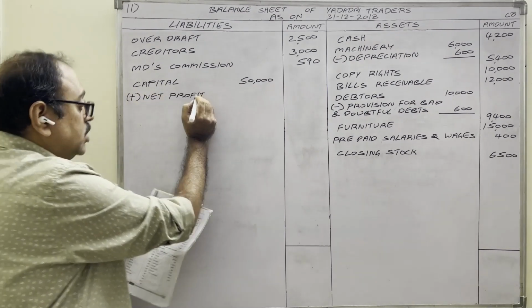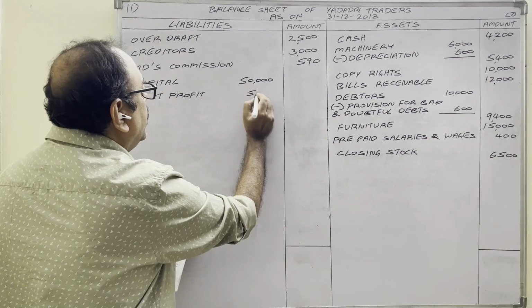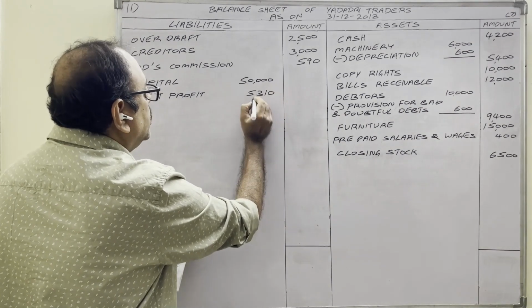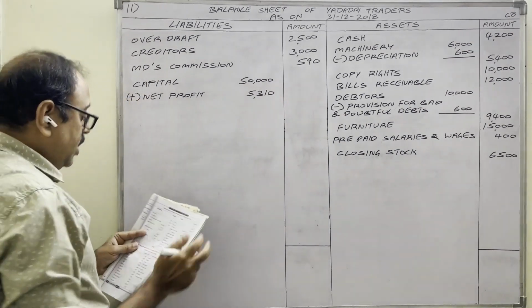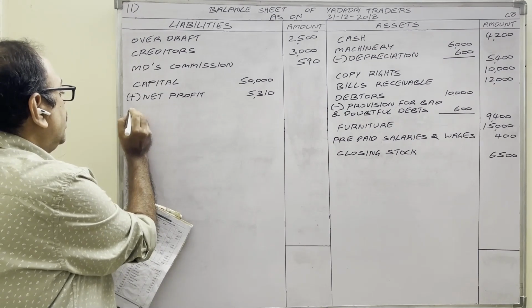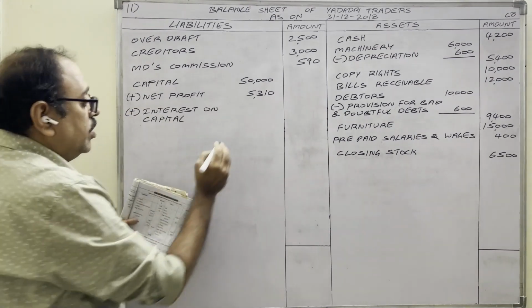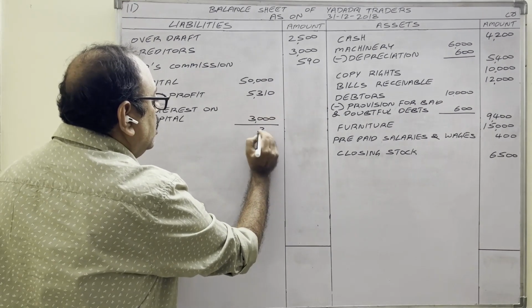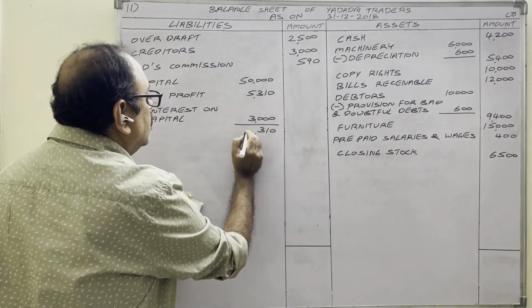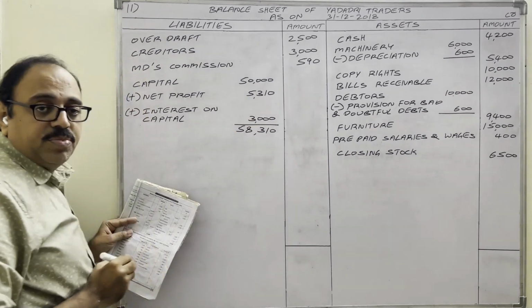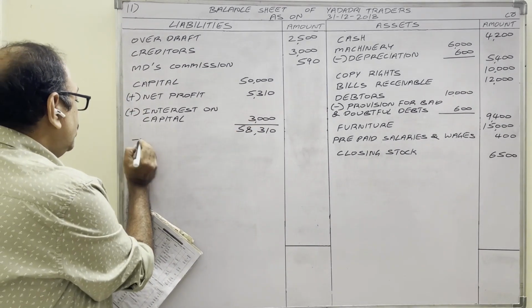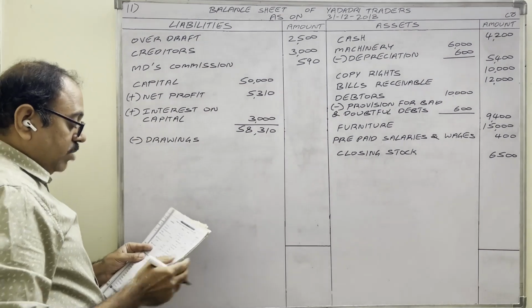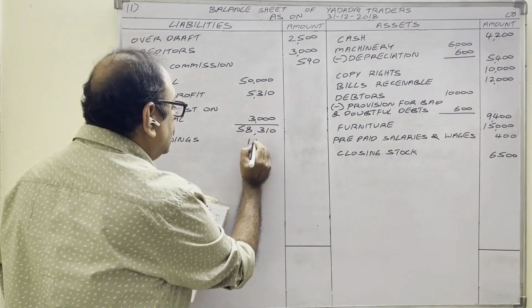Plus net profit. In the profit and loss account, net profit 5,310 rupees came, plus interest on capital. In the profit and loss account we have calculated 3,000 rupees. Total here is 58,310 rupees, minus drawings. Drawings amount 1,500 rupees.